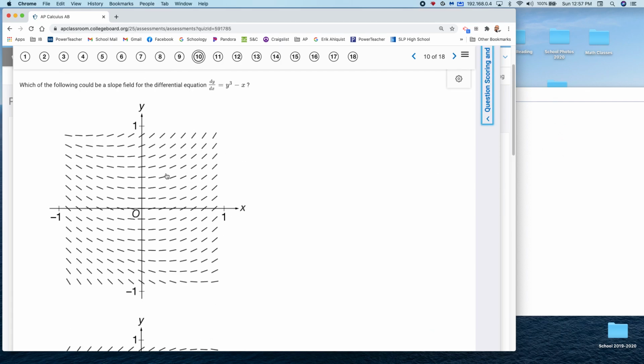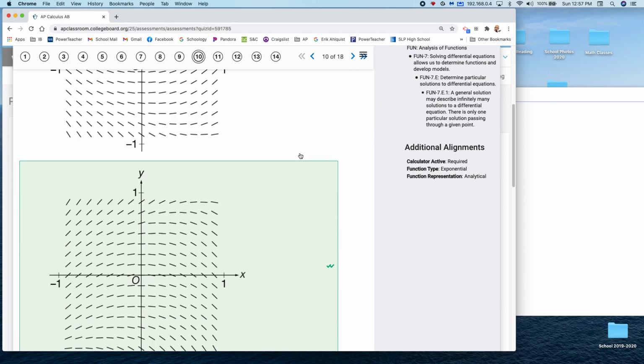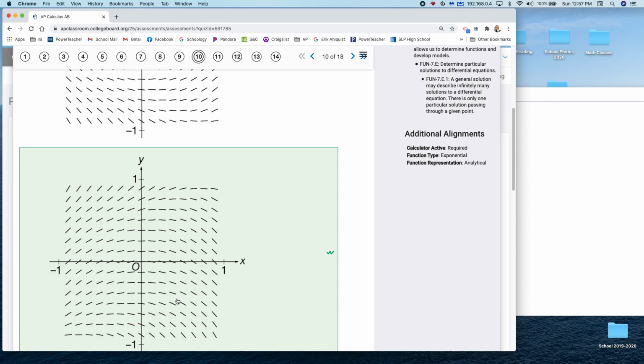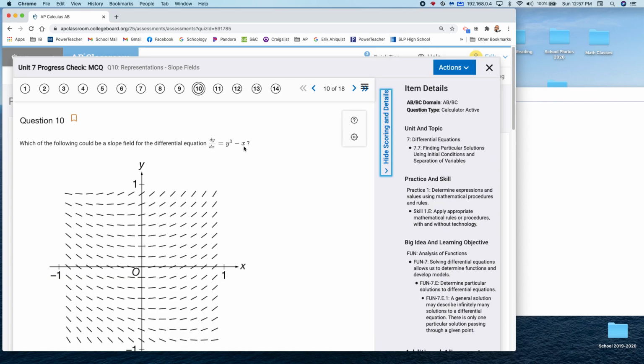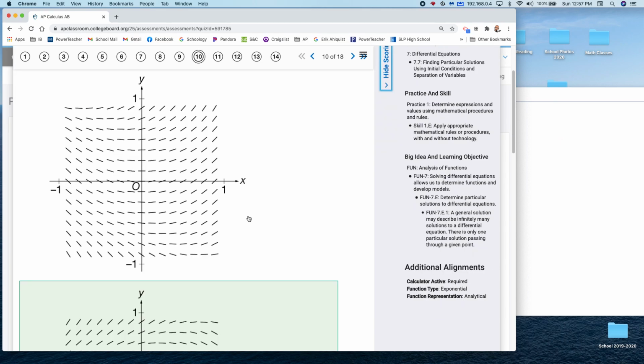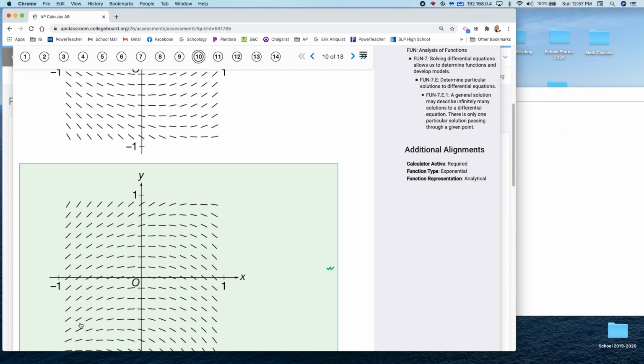So I would keep on ruling things out, and you'd see that this is the one that works out. You could think about, in the third quadrant over here, when x is negative and y is negative, I need to have positive slopes, and when x is positive and y is negative, we're going to get negative slopes, but over here I'm going to get positive slopes.